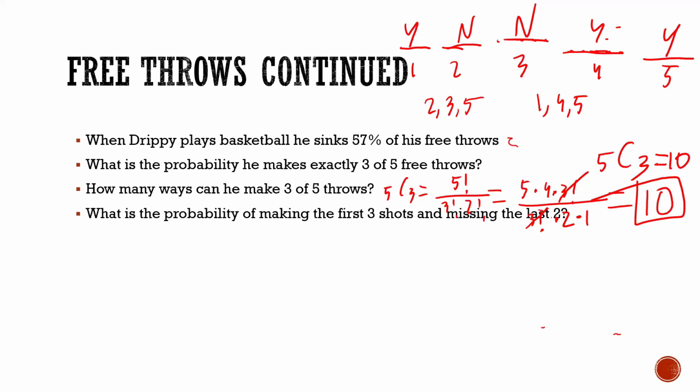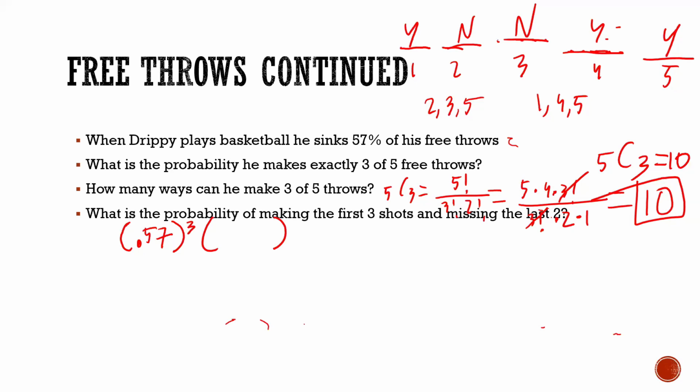And each of those 10 ways are equally likely, so we only need to find the probability of one of those. So this is what I think Mars was thinking about. The probability of making the first 3 shots: the probability of making a shot is 0.75, and what should I exponentiate that to? 3, because there's 3 of those.